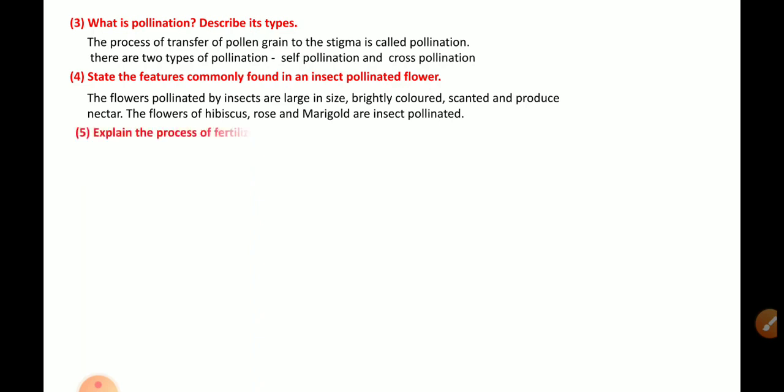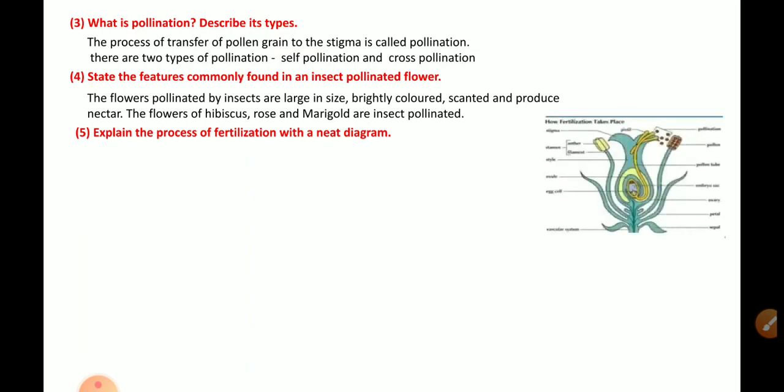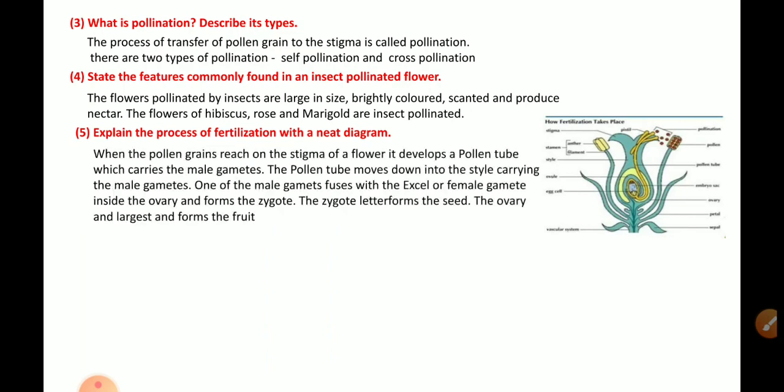Next, question number 5. Explain the process of fertilization with a neat diagram. So this is the diagram of the fertilization process. Next, what is the process? When the pollen grains reach the stigma of a flower, it develops a pollen tube which carries the male gametes.